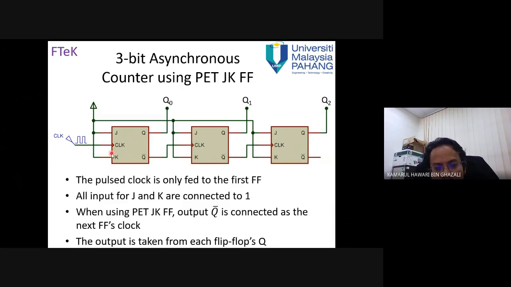If it is positive, the clock comes from here. There is a reason for this. We will see why we connect the clock of the second and third flip-flops to the output Q bar.